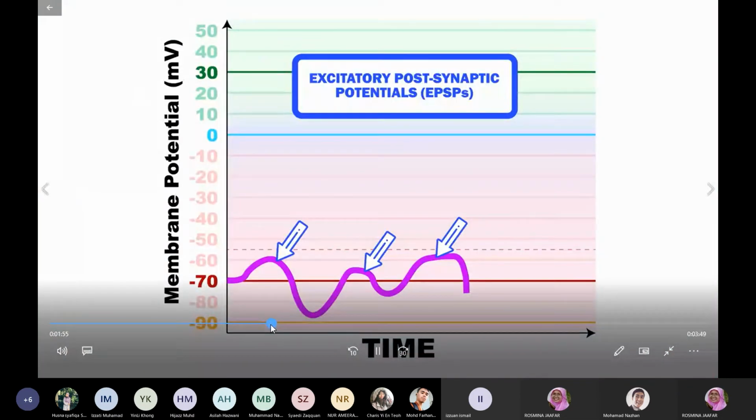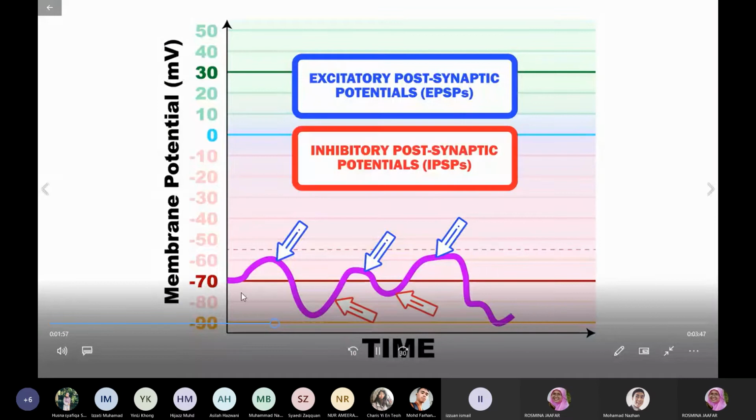Okay, when it is rising, the blue one is excitatory. Positive signals are excitatory. Negative signals, lower than the resting potential, are inhibitory. Inhibitory means a negative signal. Excitatory means you excite it, you tend to produce depolarization. So these inhibitory and excitatory signals can sum up.